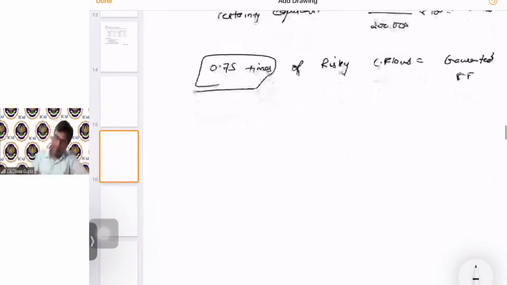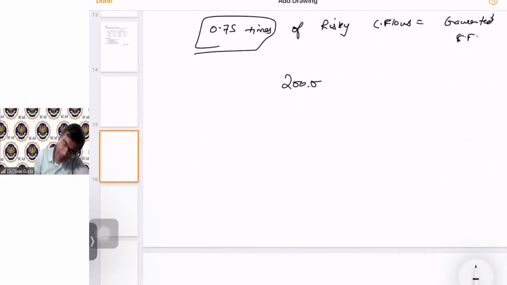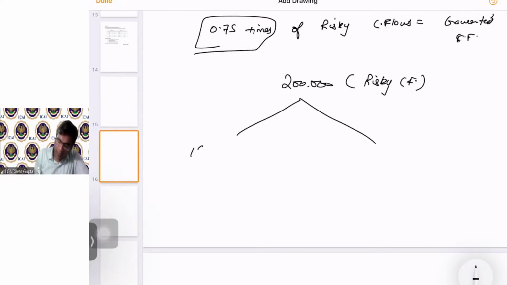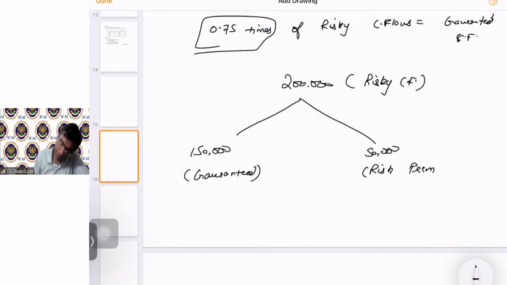So in a way, what I'm trying to say is that 2 lakh rupees of risky cash flow is broken into two parts. One is 1,50,000 and the second is 50,000. 1,50,000 is guaranteed. And this 50,000 is on account of risk premium. Correct? This extra 50,000 is because I am undertaking a higher risk. To compensate for that, this additional 50,000 is making my 150 a riskier amount.